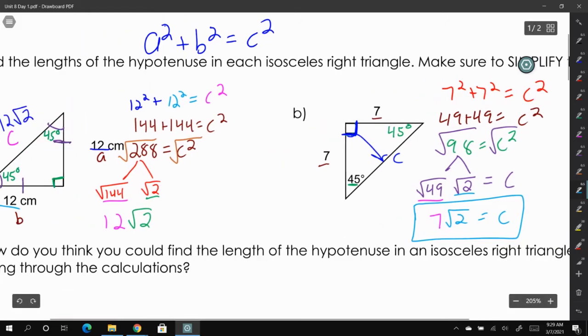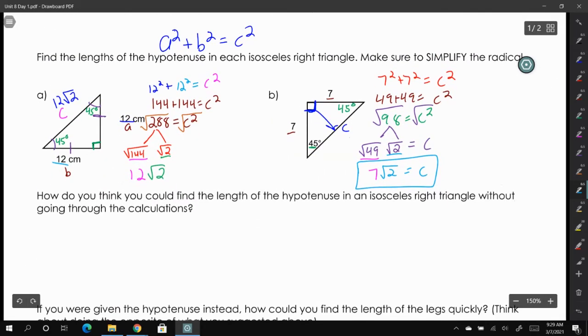So let's look at both of these and see if we can come up with a pattern or a rule. In letter A, both of the side lengths were 12, and our hypotenuse was 12 times the square root of 2. In B, both legs were 7, and the hypotenuse was 7 times the square root of 2.